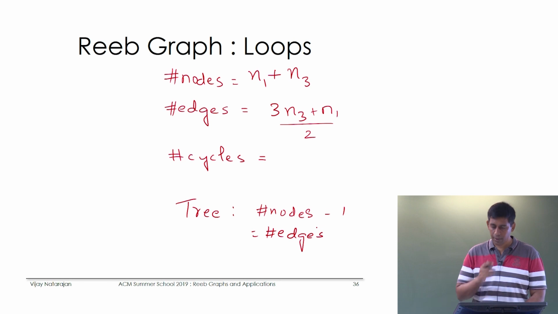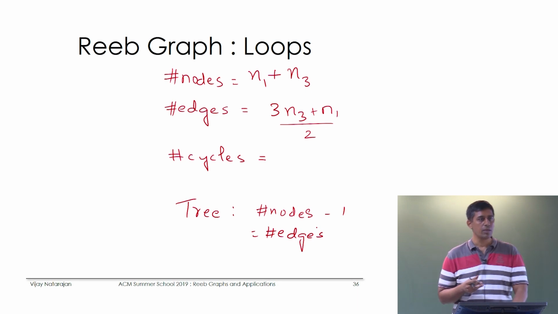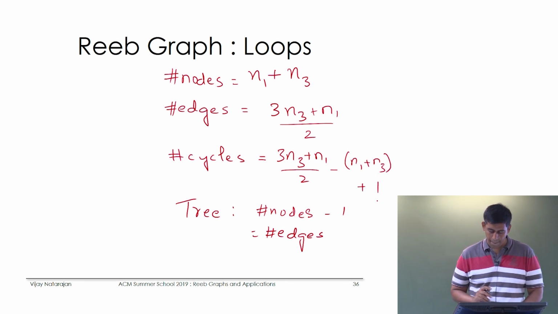So what we really want to calculate now is the number of edges minus this number. So (3 n3 plus n1) over 2 minus (n1 plus n3) and 1.